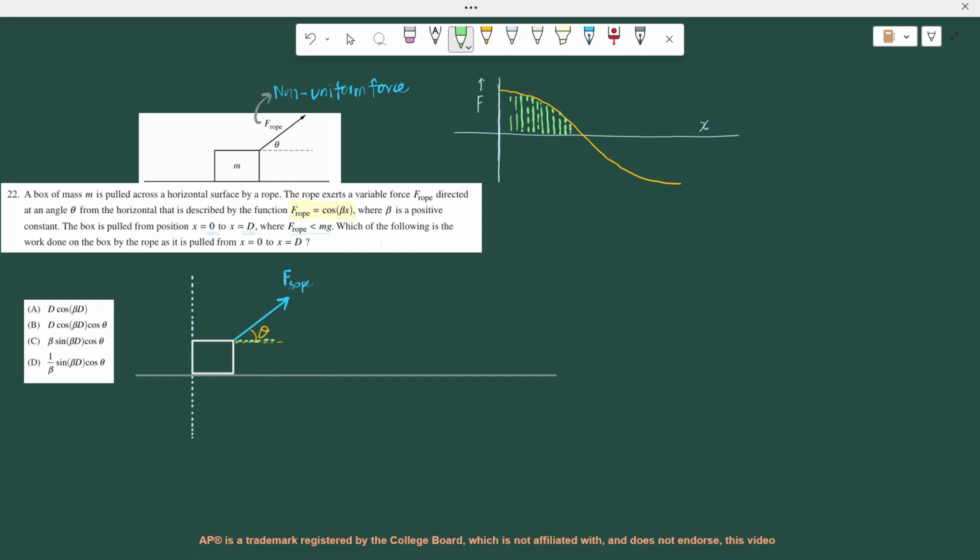One component of the force, okay, students, you know that this is a component of the force. So if I write its value, it is F rope cos of theta. This is an effective component that is adding energy to the system, that is doing work on the system. But this is a useless component, so that is not doing any work because it is perpendicular to the displacement.